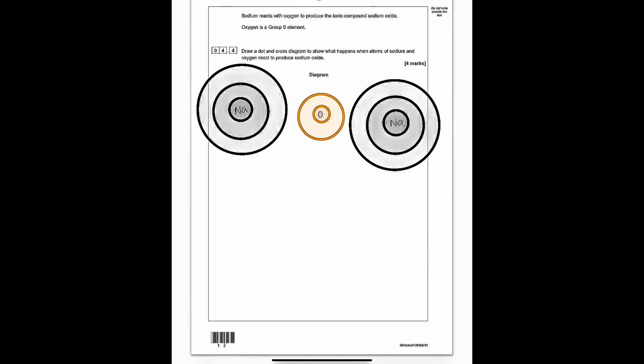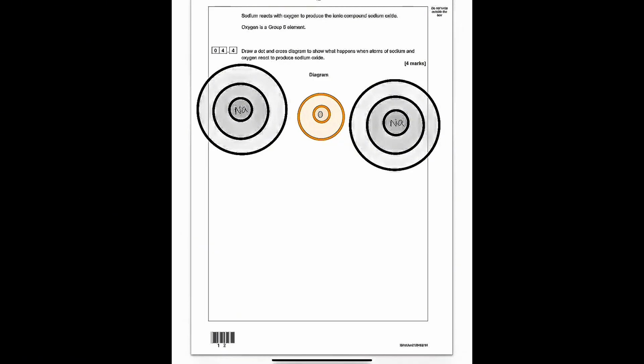But you may be thinking, why have I got 2 atoms of sodium and 1 atom of oxygen? So the first thing that you need to do is that you need to know what is the molecular formula for sodium oxide. So when we're working out the molecular formula, we need to know the charge for each element.